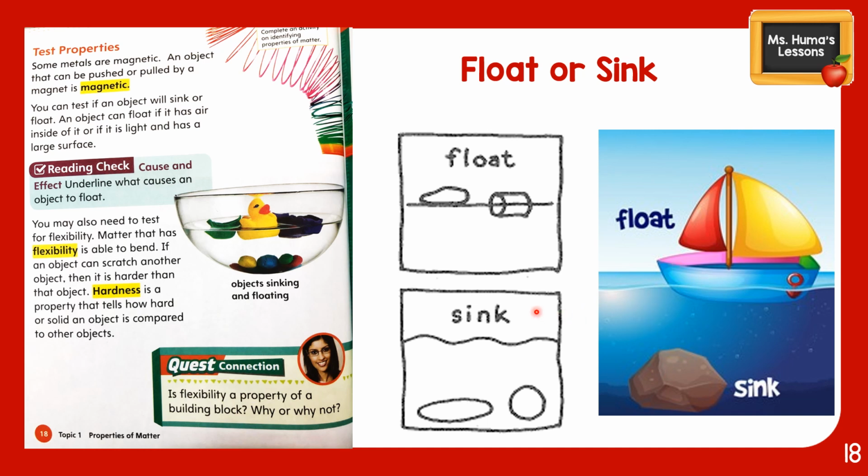Usually when there is some air inside, like we can see in this rubber duck, there is air inside it. Or sometimes when they have large surface areas, that means they cover a large area of water, and they are usually lightweight and empty from inside, they can float. But the things which are heavy and compact, dense, they usually sink down in the water.